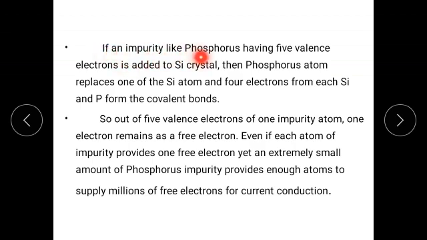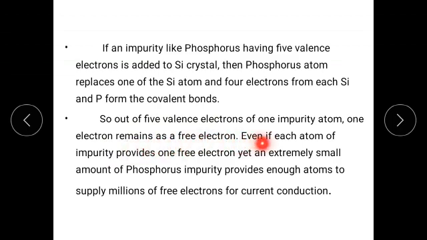When an impurity like phosphorus having 5 valence electrons is added to silicon or germanium, then that phosphorus atom replaces one of the silicon atoms, and 4 electrons from each silicon and phosphorus form the covalent bonds. And so out of 5 valence electrons of one impurity atom, 1 electron remains as a free electron.